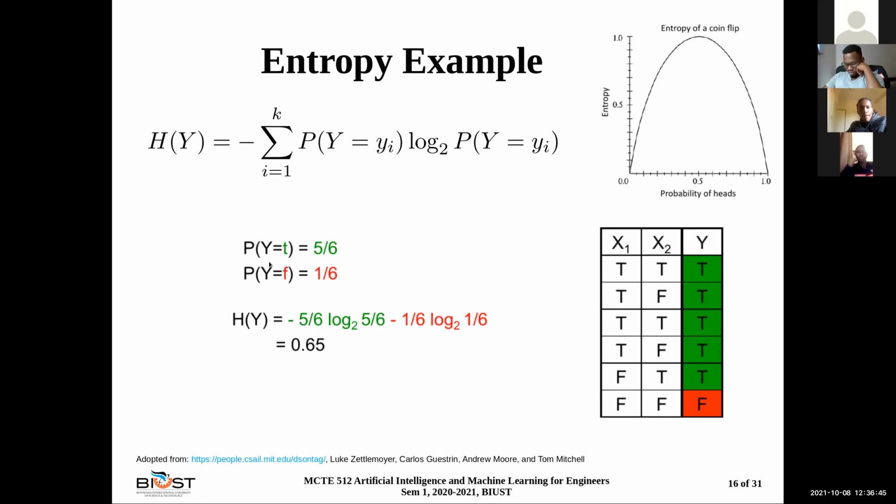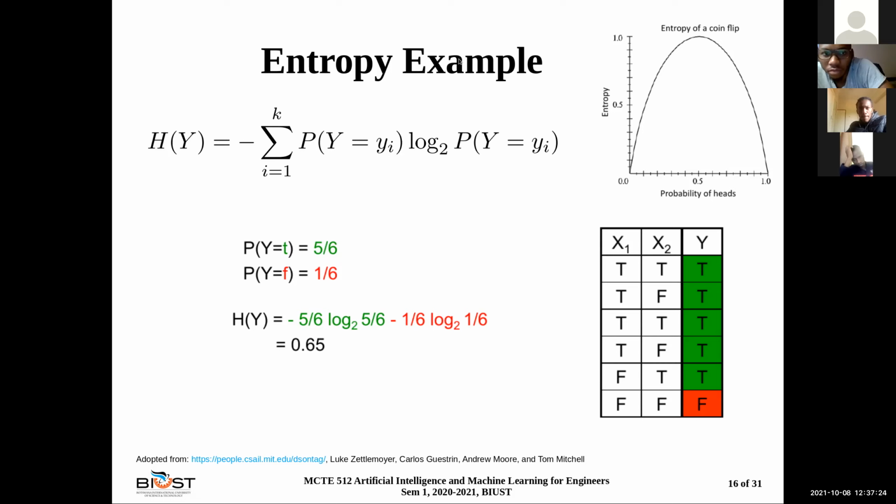Let's see your output Y being true and Y being false. What is the probability of the output being true, and the probability of the output being false? How many data points do we have? 1, 2, 3, 4, 5, 6. You have 6 data points, and the probability of the output being true is 5/6, and false is 1/6. I think this is straightforward.